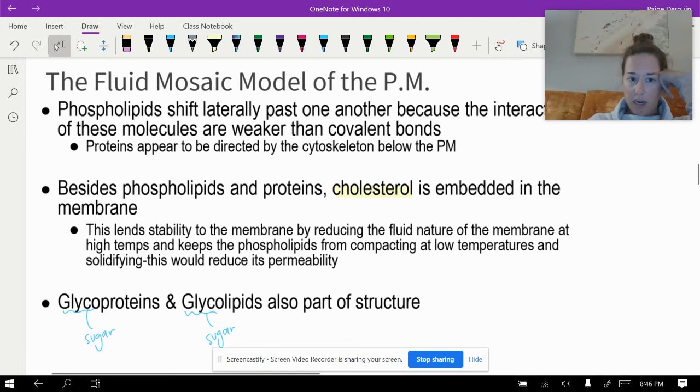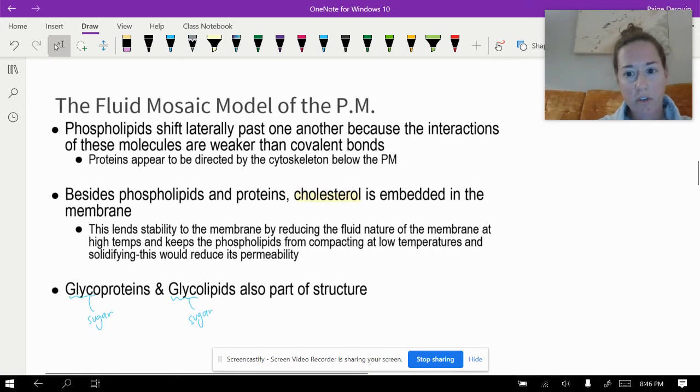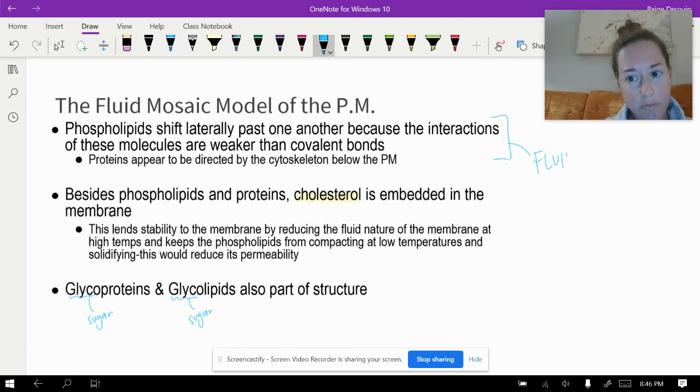So just to summarize this fluid mosaic model, this top part, the phospholipid shifting around, is what makes it fluid. All the parts combine together, the proteins, the glycoproteins, the glycolipids, the cholesterol.